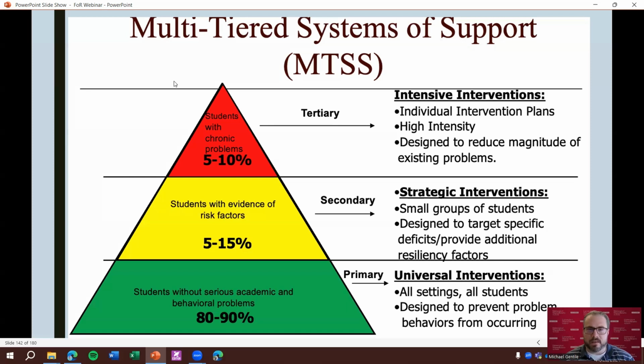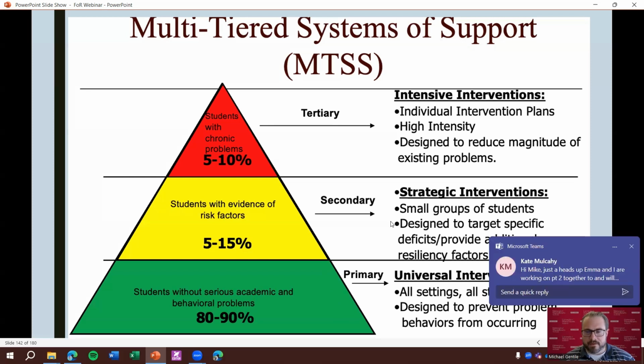If you are calling it those things, that's because you are talking within a multi-tiered system of support. What you need to know is that it goes with all students and all settings, and it's designed for prevention. We actually steal this whole tier structure from nursing, believe it or not. So this is for prevention so students don't have an issue.